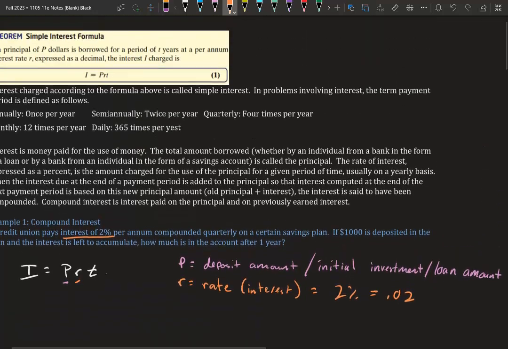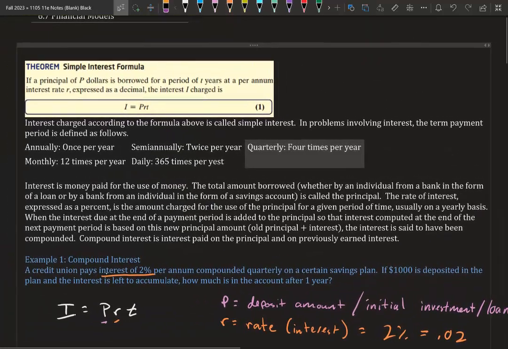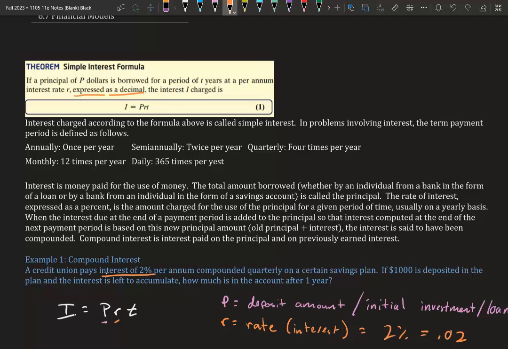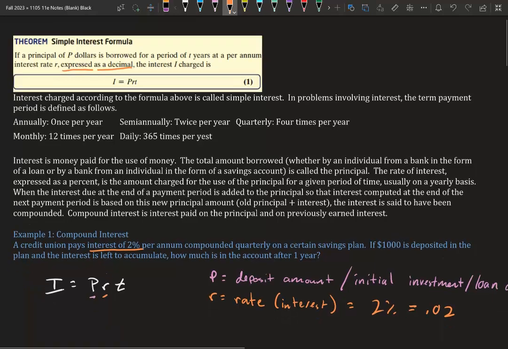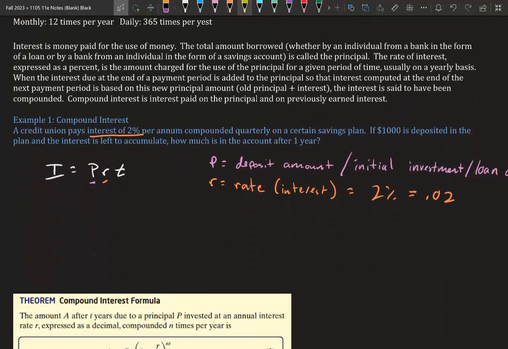That's what it meant up here, how it says that R is expressed as a decimal, so we just change it to a decimal. And then our compounding, how much we're compounding by. So we're compounding quarterly every year, so that's 1/4 every year.